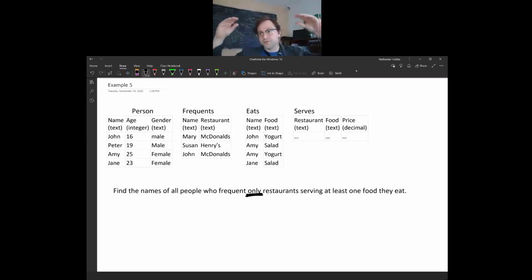But the reason that this is hard is similar to the reason why finding females who eat yogurt and salad was a little tricky, because the select operation has no memory.